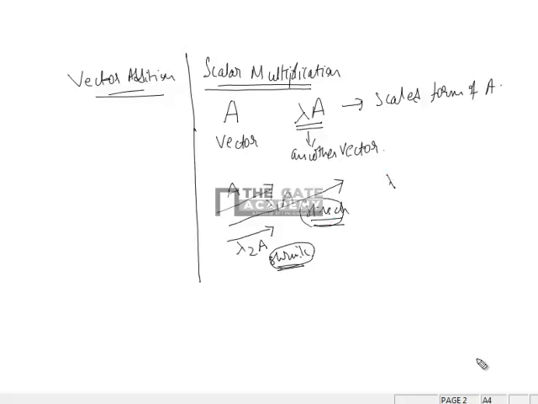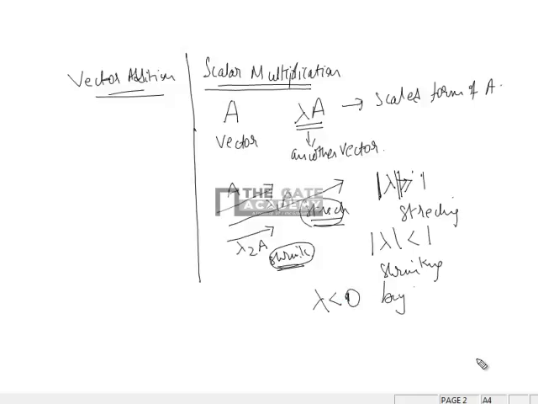If, to be very precise, the modulus of lambda is greater than 1, I am stretching it. If the modulus of lambda is less than 1, I am shrinking the vector. Correct? And if lambda is less than 0, I am changing the direction of the vector by 180 degrees.